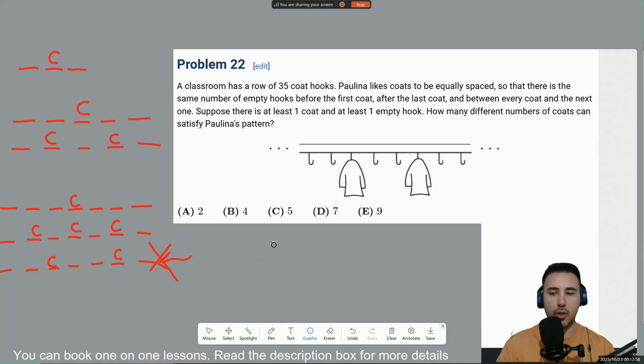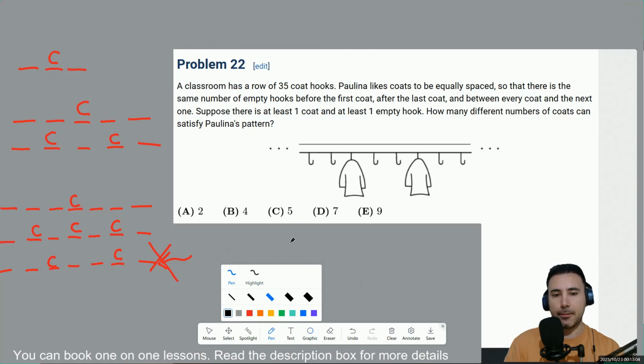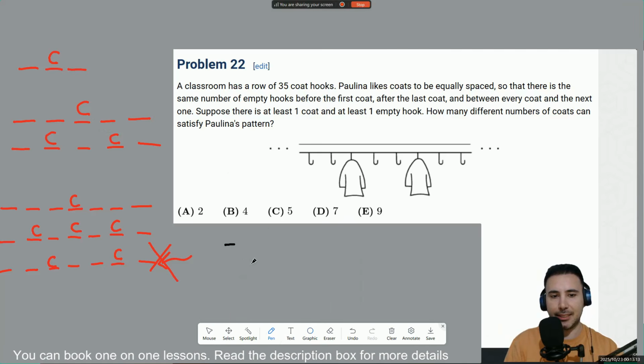And now, with knowing this, let's try to break the question down. So now that we have 35, right? Let's go with this one. I will have 17 to the left. These are 17 hooks. 1 code, another 17. So 17 plus 1 plus 17 is 35.